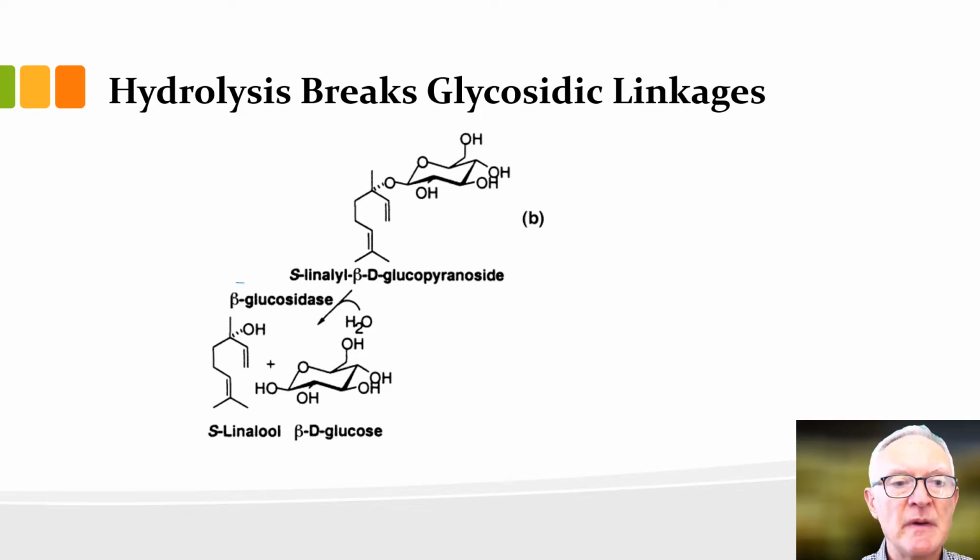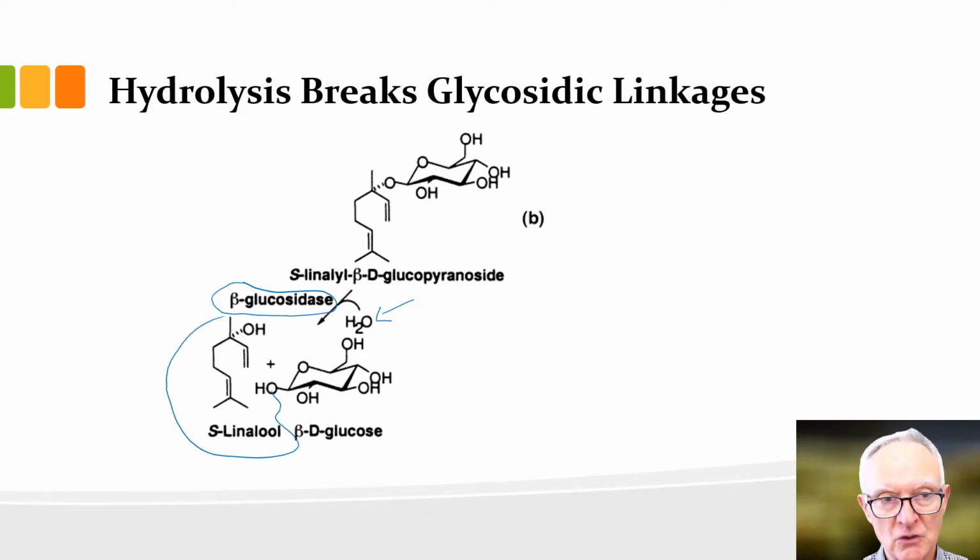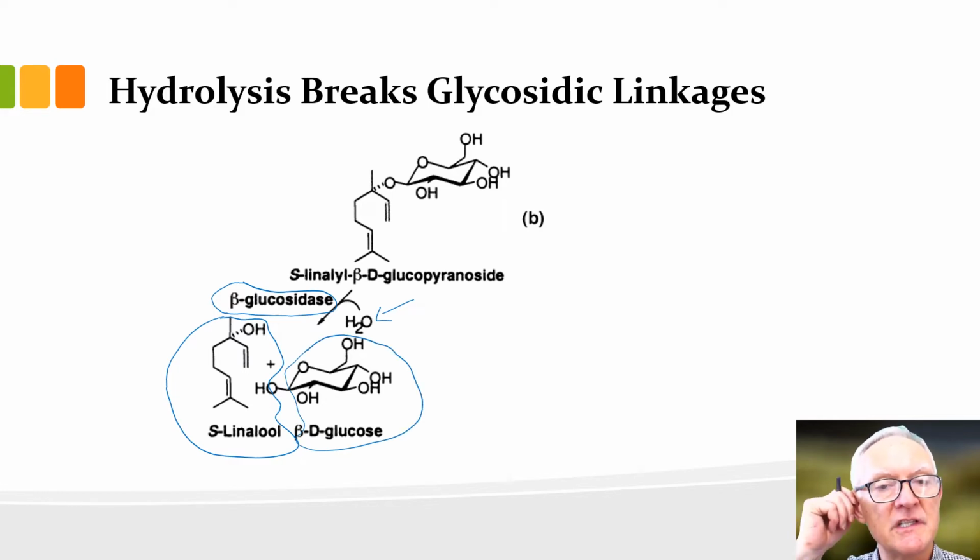And there's an enzyme in bacteria called glucosidase that will break that linkage between the two. It's a hydrolysis, so water is added. And we'll look at enzymatic mechanisms of doing this in a second. But you're back to then the aglycone, linalool, smelling wonderfully like Fruit Loops and separated from the sugar to which linalool was previously conjugated. All right, so this is hydrolysis, but it can be a chemical or an enzymatic reaction.